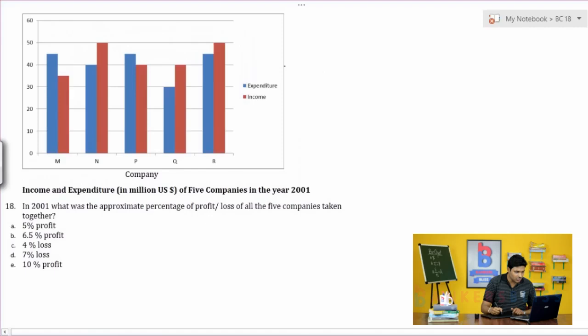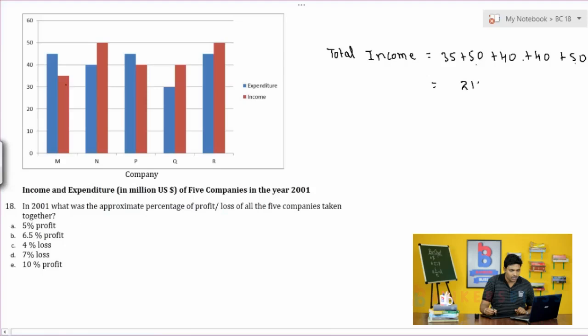So first you calculate the total income, which is 35 plus 50 plus 40 plus 40 plus 50 plus 50. 50 and 50 is 100, 40 and 40 is 80, so 180 plus 30 is 210, 210 plus 5 is 215.